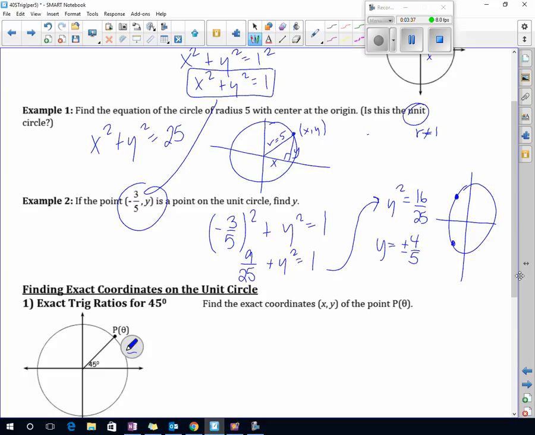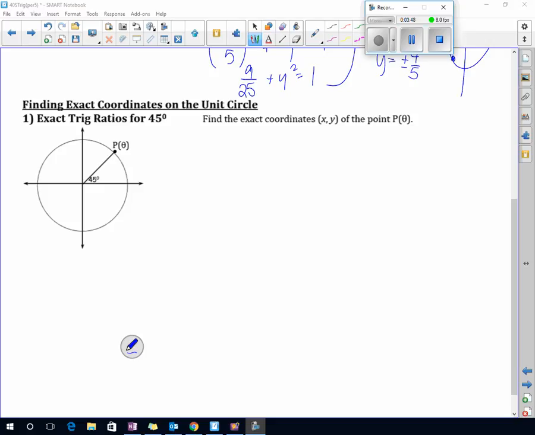So when we have a 45-degree angle and I make a reference triangle here, and this is some x and this is some y and this is some point x comma y, the only thing I do know is this radius is 1. Actually, I know something else. If this is 45 and this is 90, what's the third angle going to be? 45 degrees.